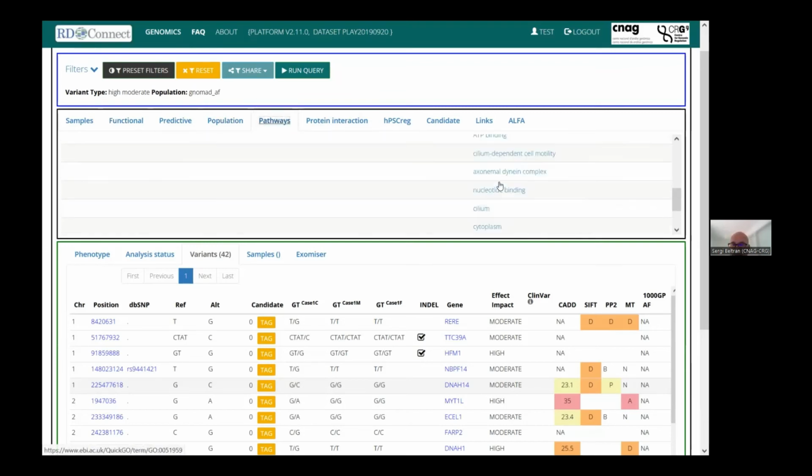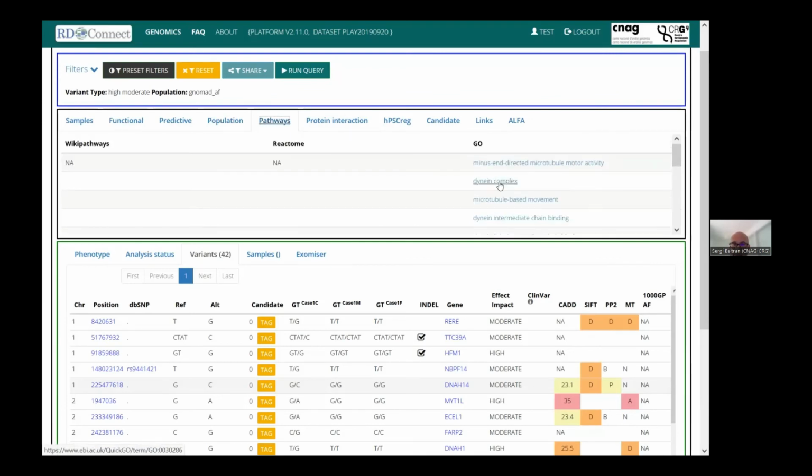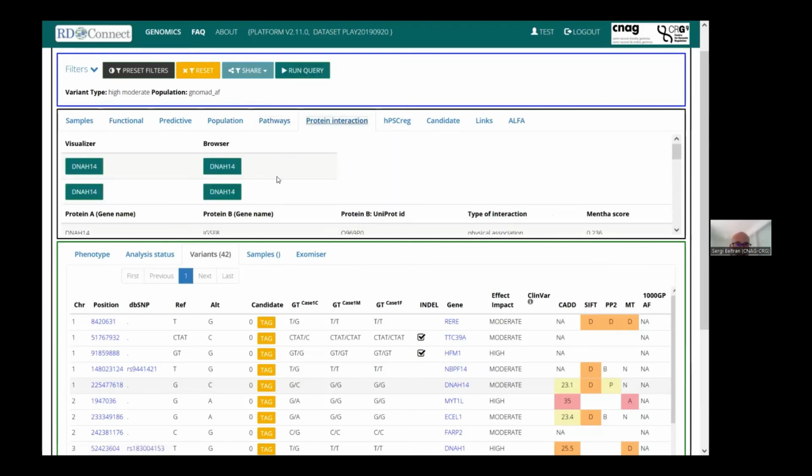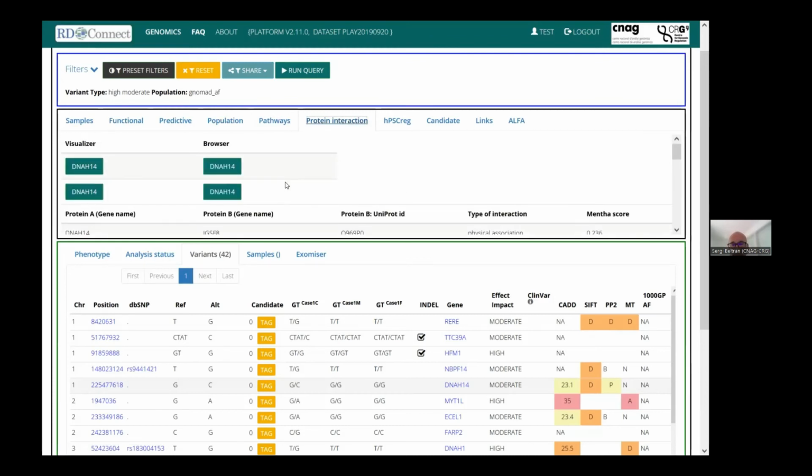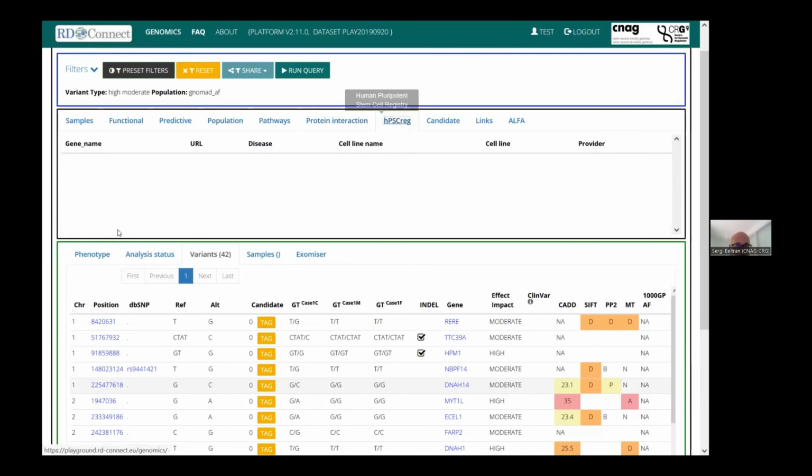There are also pathways in which this protein is involved and interactions with other proteins, so that you can further expand the analysis. If there are cell lines, in this case there is no cell line related to this one, but you might want to request one, if there was one, to make experiments, and so on. So you can see that there is a lot of information that you can access from here.